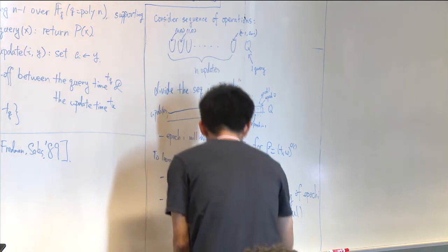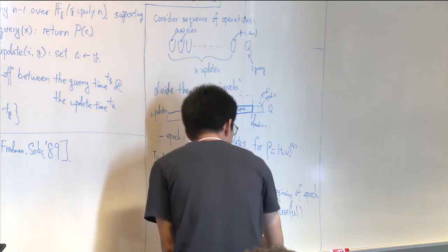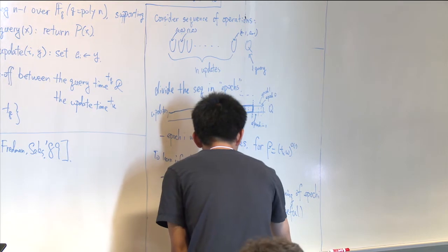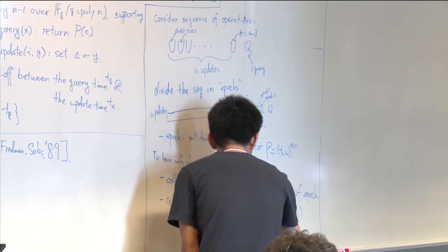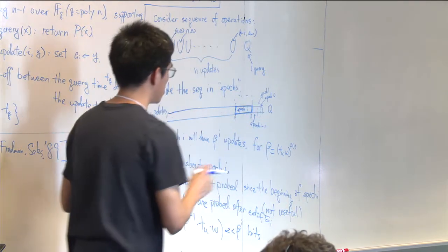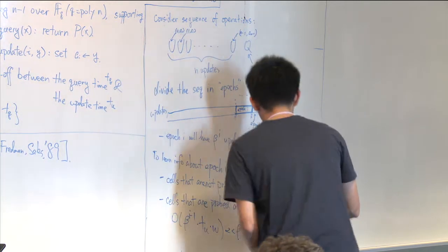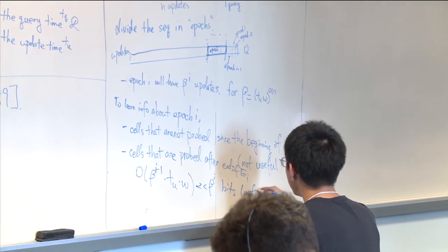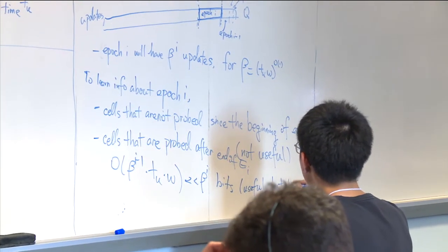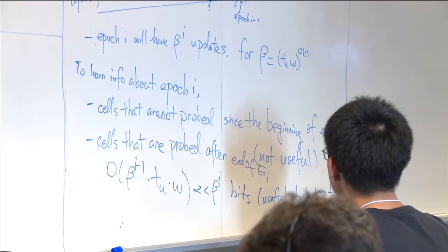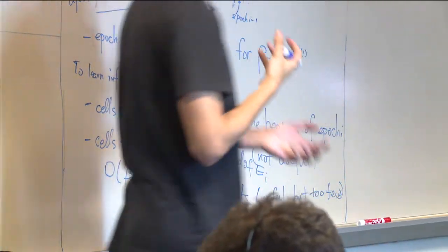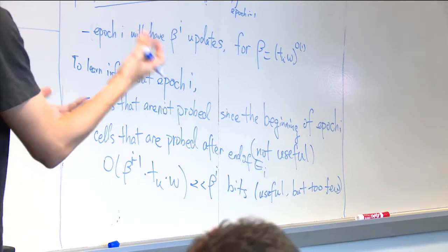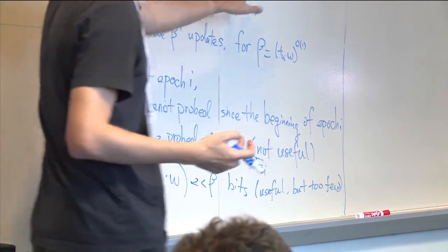This is because we set beta to be t_u times w times a polynomial. This is something much smaller than beta to the i bits. So they can be useful, but they just contain too few cells and too little information. Even if we read all of them, that's not enough information for us to know sufficient about what has happened in epoch i.